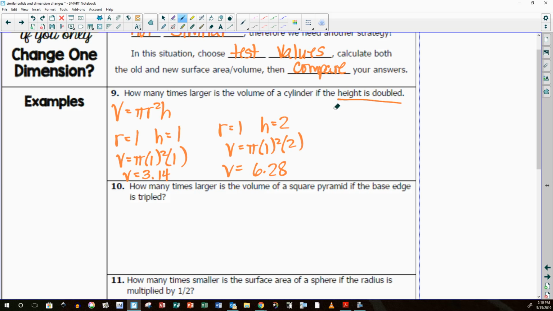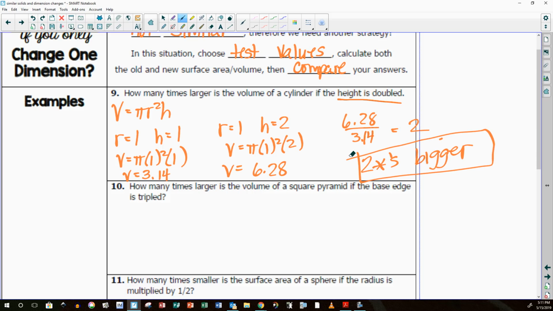What do you notice? Well, I notice that the new volume divided by the old volume is 2. So it is 2 times bigger. Clearly you're going to want to choose 1s and 2s as your test values, because it's easier that way.